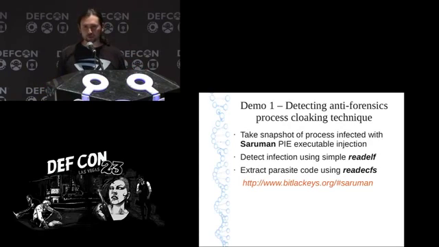It's an anti-forensics exec because Saruman allows you to execute any regular dynamically linked program inside of an existing address space, so it doesn't create a new process. That's why it's anti-forensics. In our case, we're going to inject a backdoor that I wrote when I was 14 that I still have the code for. We're going to inject it into an existing process and it will run concurrently with that process.